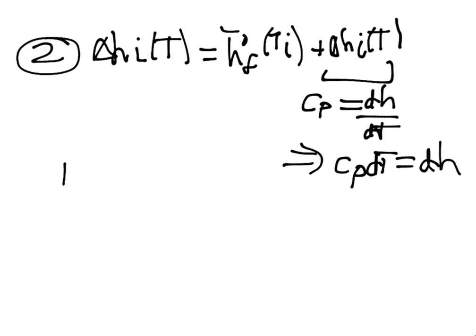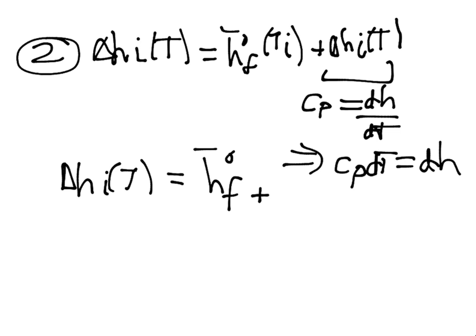So that will then create the equation: H_i(T), delta is equal to your heat of formation plus Cp delta T. And that delta T, again, is going to be your T adiabatic minus your T reference.